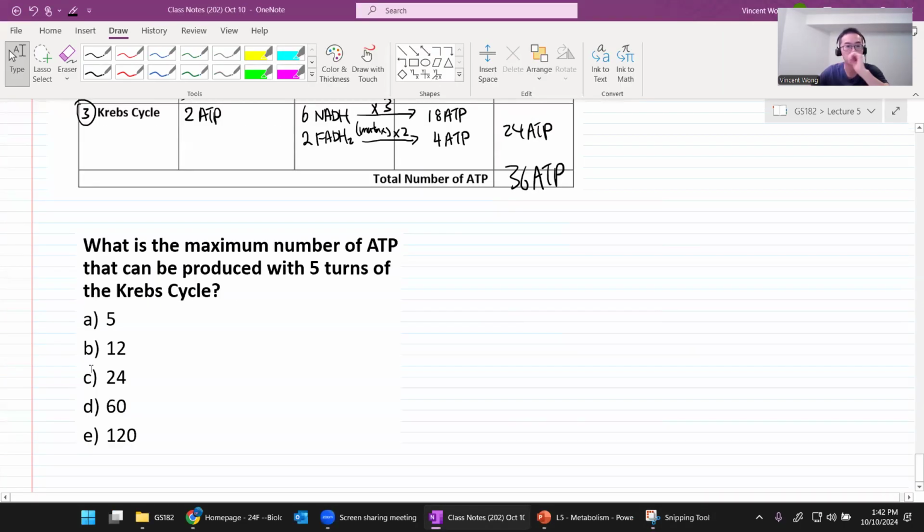I'll post it here and let me do the poll. Let me just clarify. I'm not just looking for the 2 ATP, okay? I'm looking for all the energy carriers as well when they go to the ETC, so collectively, if you do the Krebs cycle 5 times, how many ATPs are produced?